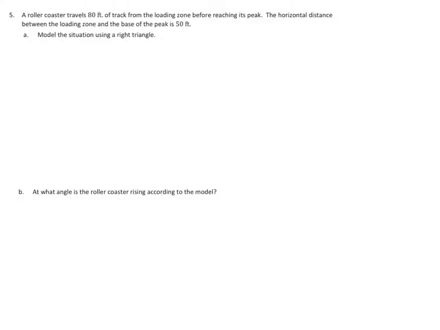A roller coaster travels 80 feet off track from the loading zone before reaching its peak. So we have its peak. The horizontal distance between the loading zone and the base of the peak is 50 feet. Model the situation using a right triangle.